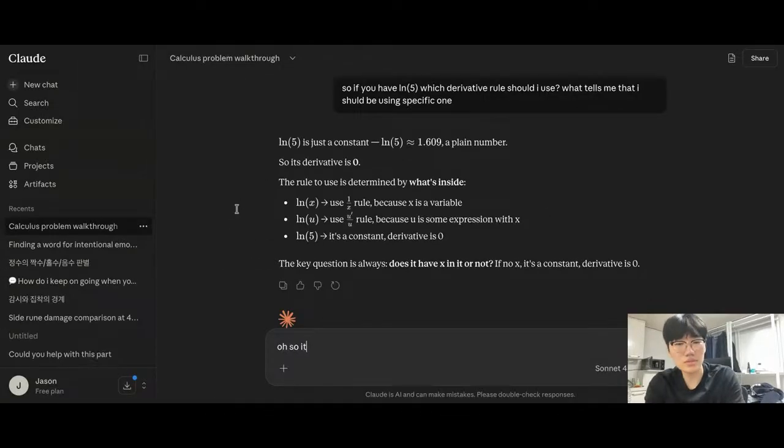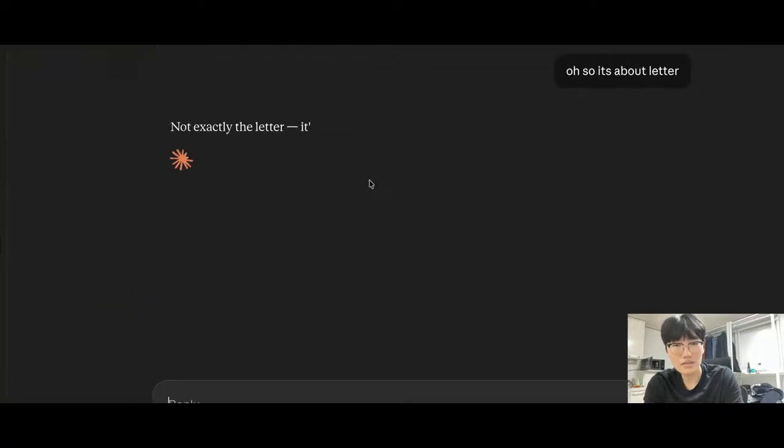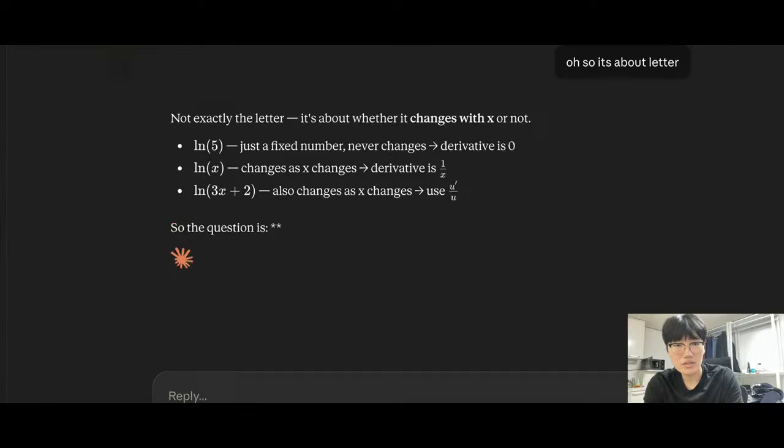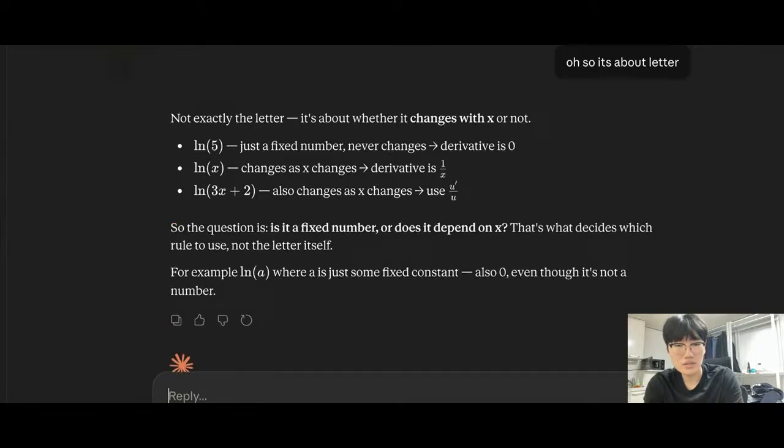Oh, so it's about the letter. Wow. Okay. All right. ln u, where u is 2x plus 2 kind of thing. u prime over u, 1 over x.